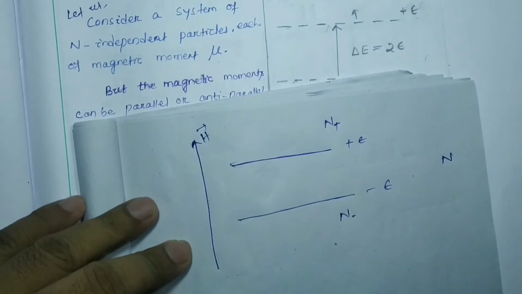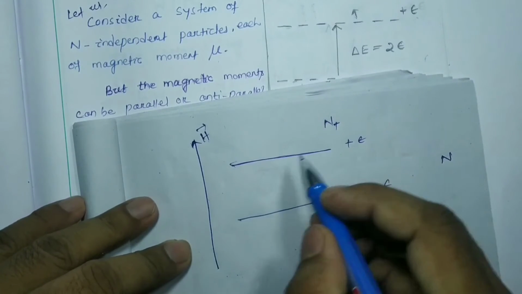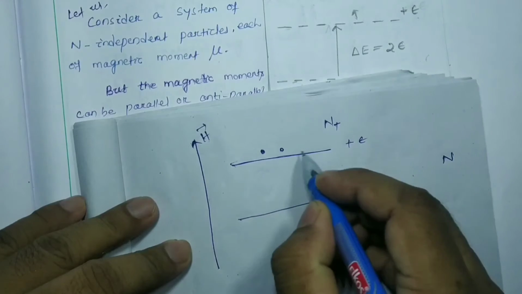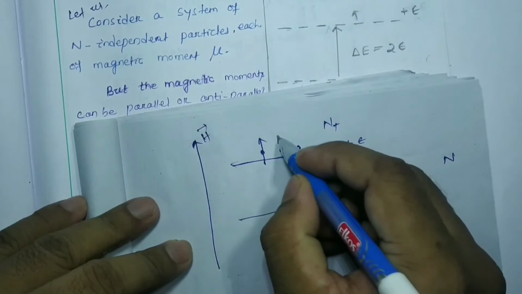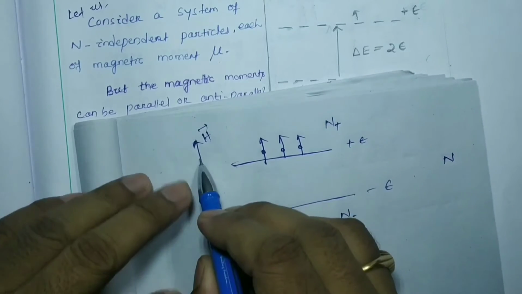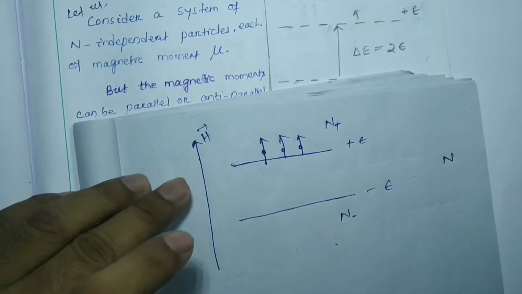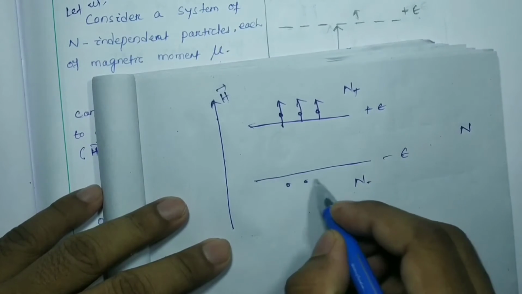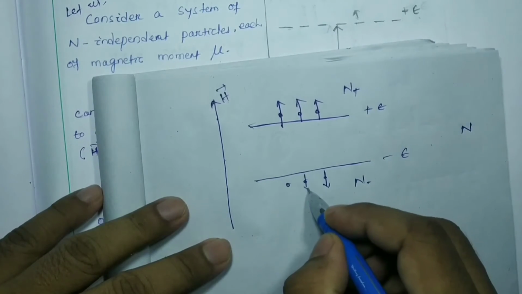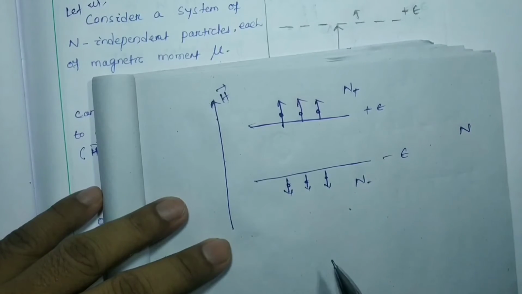The particles which are in these states have orientation parallel to the applied magnetic field. The particles in the state minus epsilon have orientation anti-parallel to the applied magnetic field.